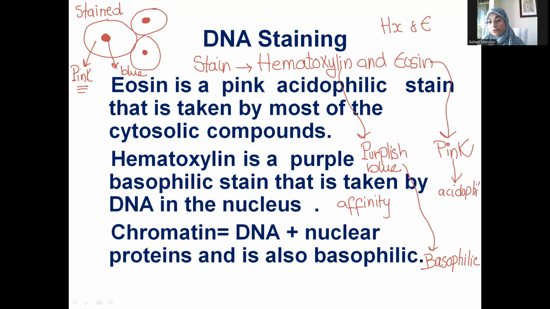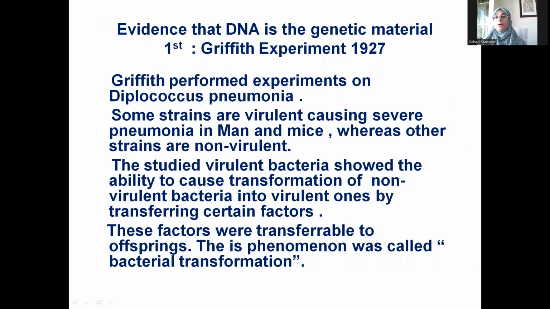Of course, DNA or chromatin, which consists mainly of DNA and some nuclear proteins, is present in the nucleus and appears blue in staining because it loves the hematoxylin stain.